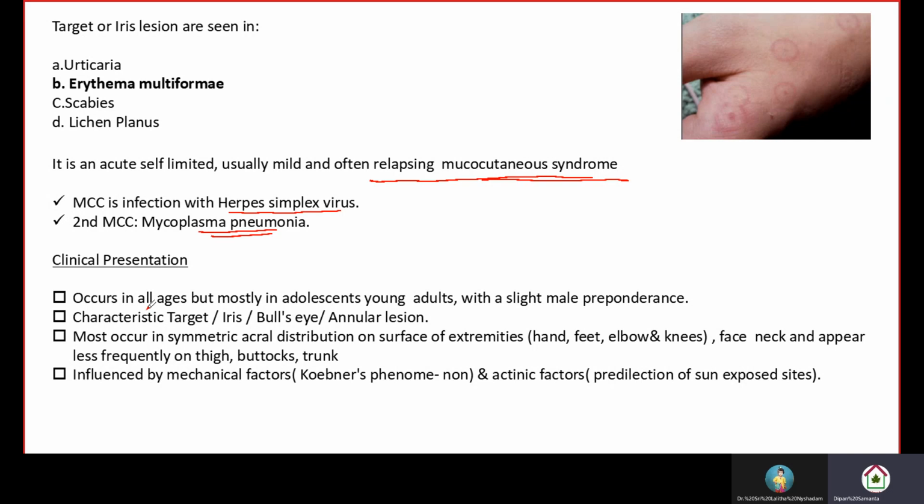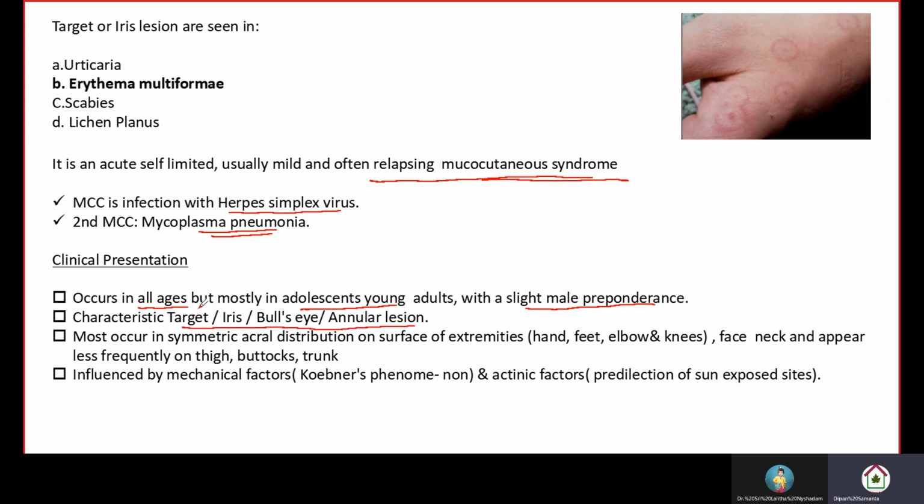Clinical presentation: it occurs in all ages, no age predisposition, mostly in adolescents and young adults, with slight male preponderance. So males are slightly more probable than females to get erythema multiforme. Characteristic target, iris or bull's eye annular lesion.